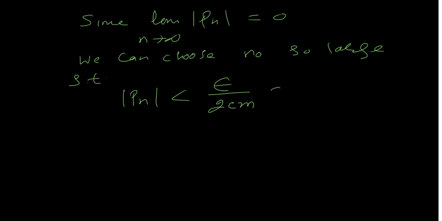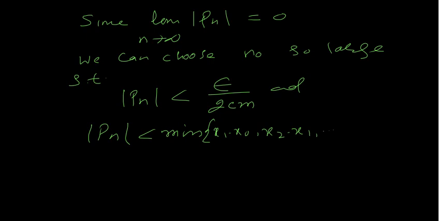And the maximum length, the mod of Pn, because it is approaching 0, is less than the minimum of these lengths: x1 minus x0, x2 minus x1, so on, xm minus xm minus 1.